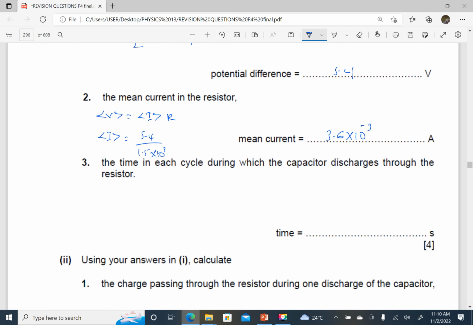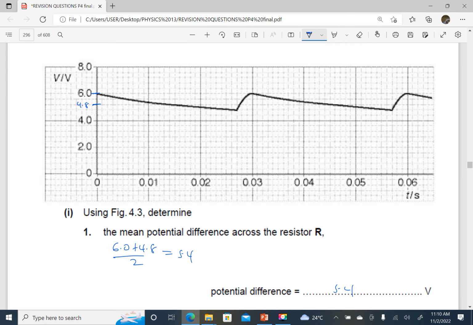The time in each cycle during which the capacitor discharges through the resistor. Where does the capacitor start discharging? If I consider this part of the cycle here, the capacitor is charging, and here the capacitor is discharging. Let's say it starts discharging from 0.03, and it stops discharging at this point here, which I think is 0.057.